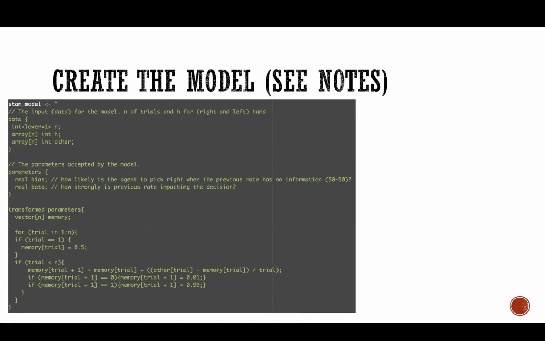And log odds can go from -infinity to +infinity. A negative bias means a propensity to choose left, no matter what. The more negative, the more extreme. If it's positive, it's the propensity to choose right. The more positive, the more extreme.